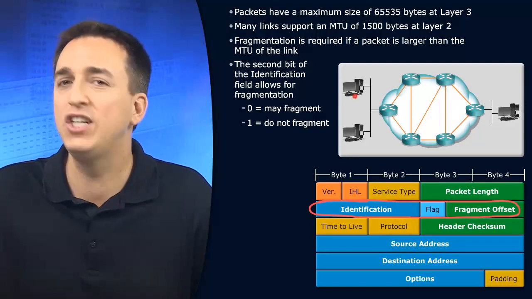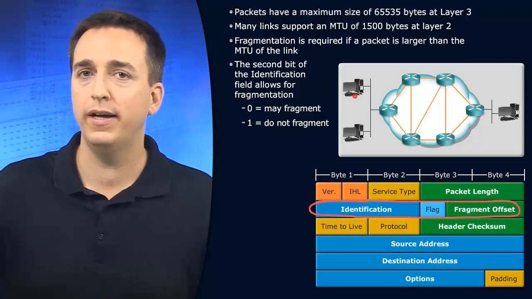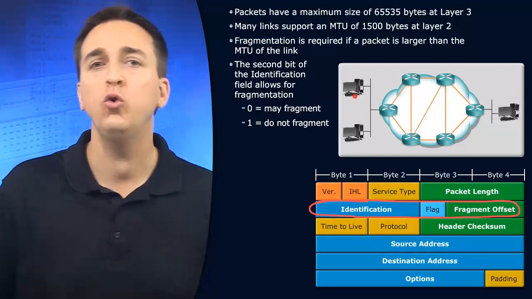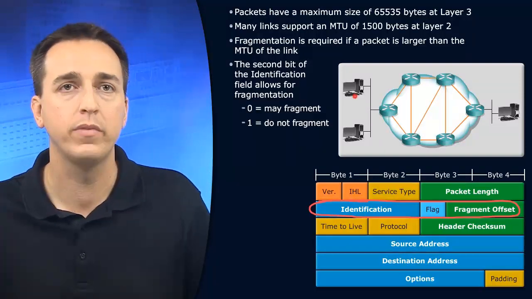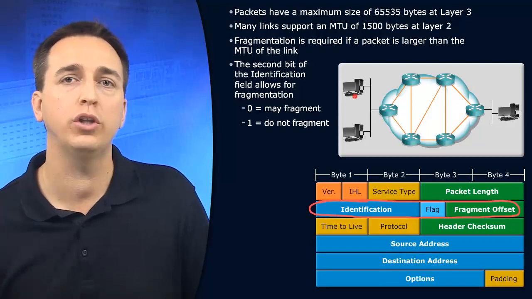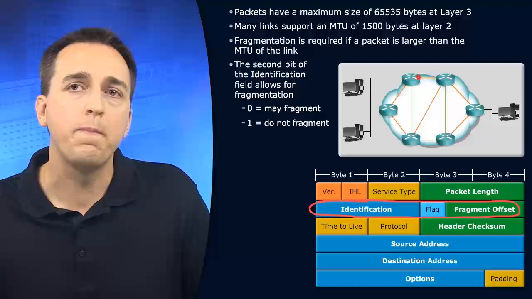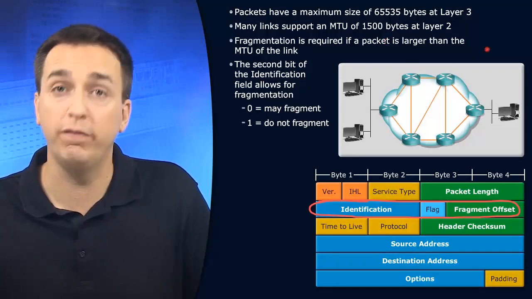So we want to reduce the amount of fragmentation that occurs. Why? It's going to make our devices faster because they don't have to do all this extra work when they send or receive data. The same thing is true with our routers. Do we really want a router to receive a frame that has an MTU of 1,500 in it?